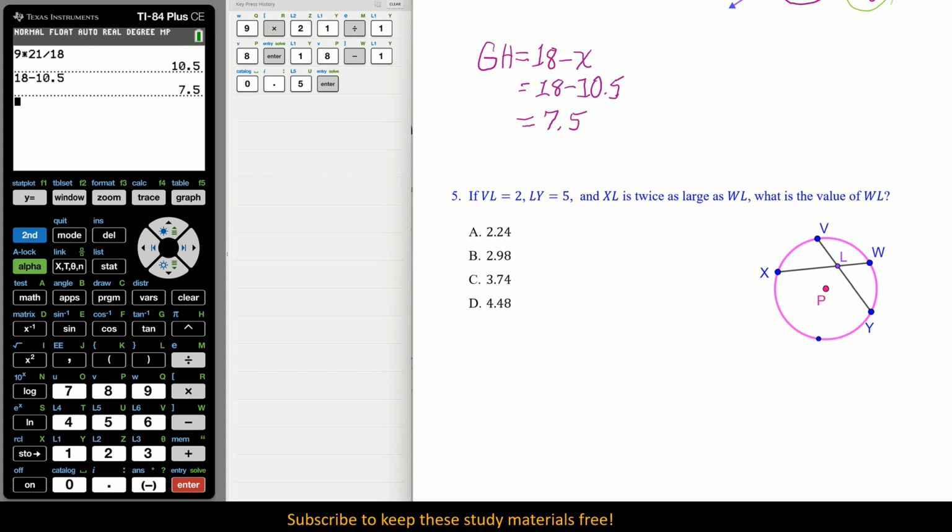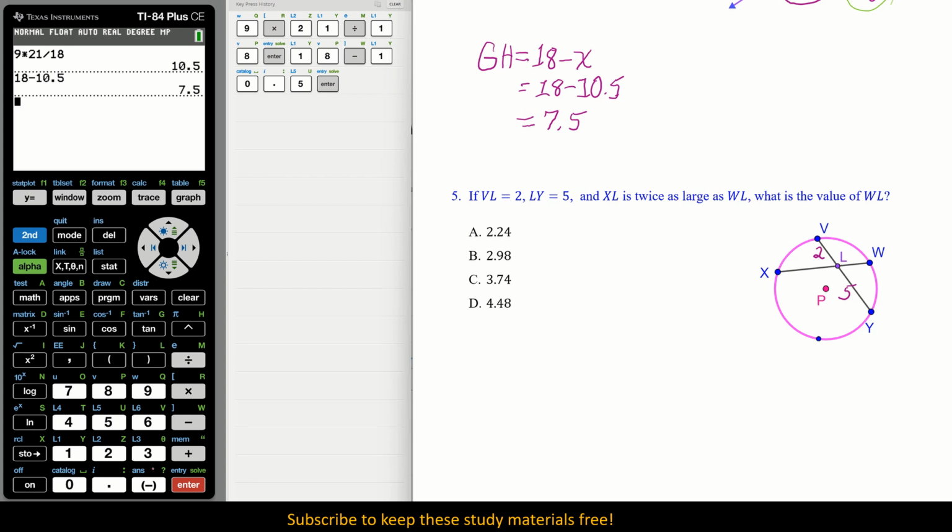If VL is 2, this one is 2, and LY is 5, so this is 5, and XL is twice as large as WL, what is the value of WL?